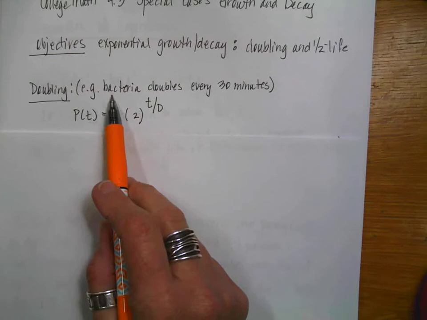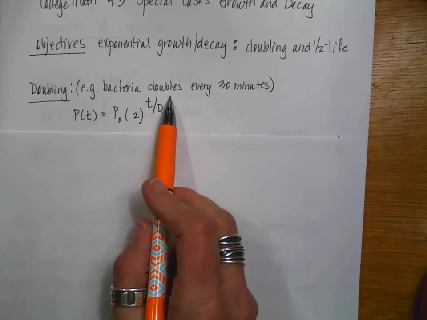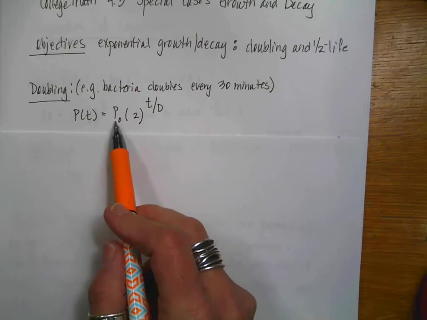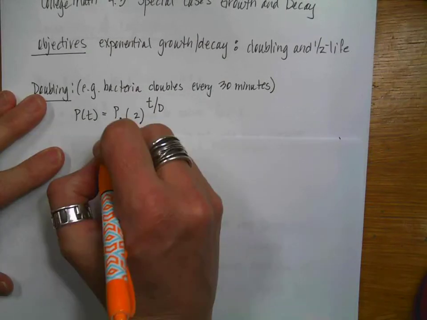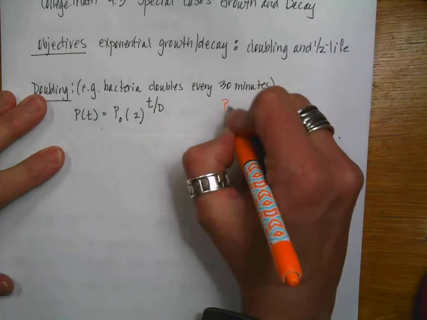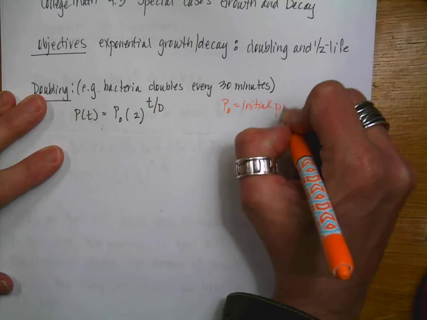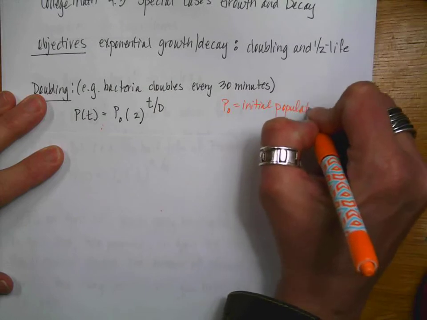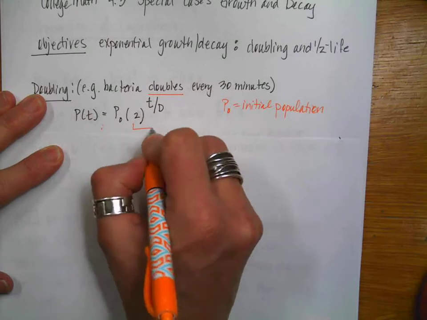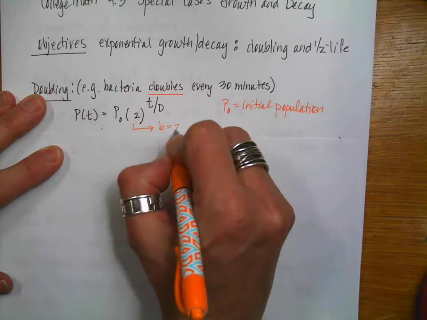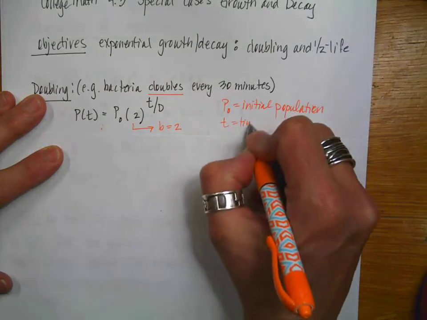So the doubling time might be a situation where a bacteria doubles every 30 minutes. That's growth. And so here's our p sub 0. Remember that p sub 0 is always going to be your initial population of whatever we're talking about. And in this one, since it's doubling, our b is going to be 2, and then t is always going to be time.